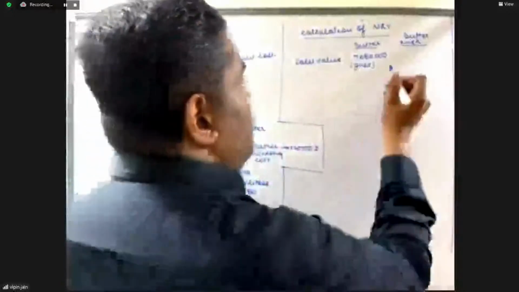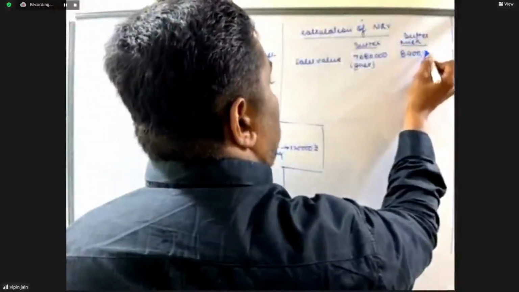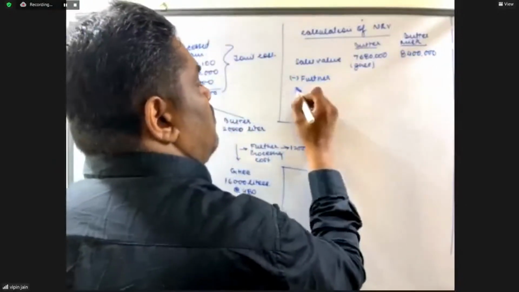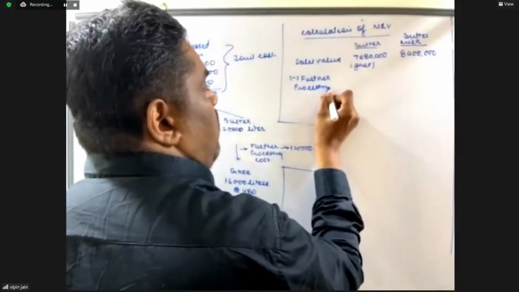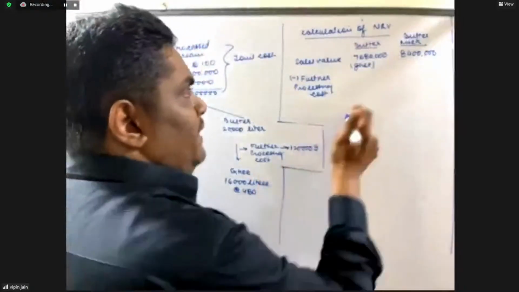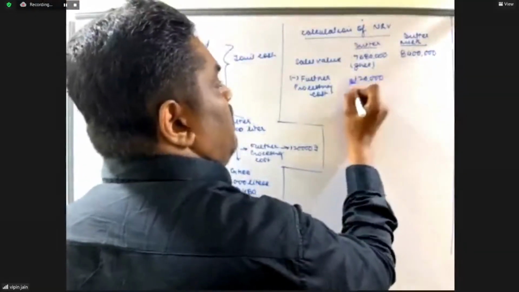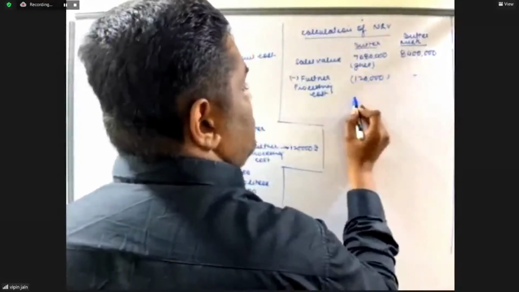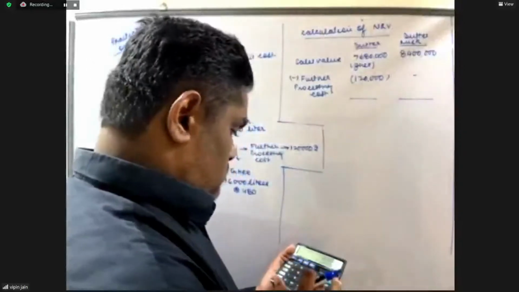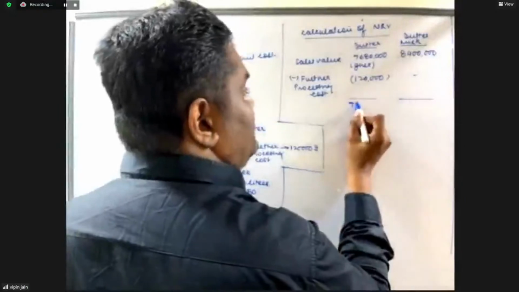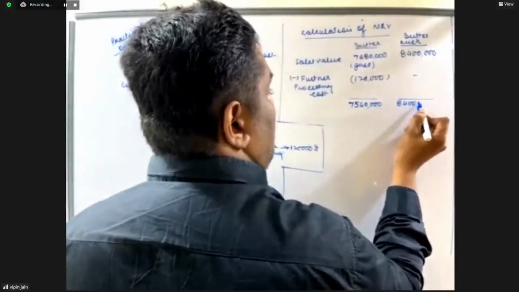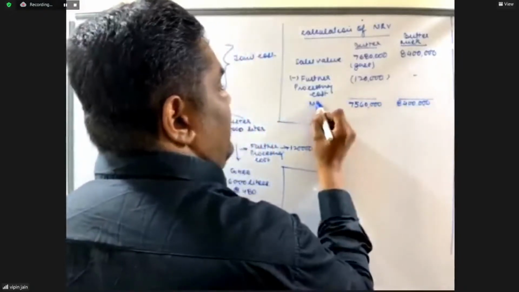So this is 84 lakh. Minus further processing cost. My further processing cost is 1,20,000 in case of butter, and no further processing in case of buttermilk. So this is 75 lakh 60,000 and this is 84 lakh. This is my net realizable value.